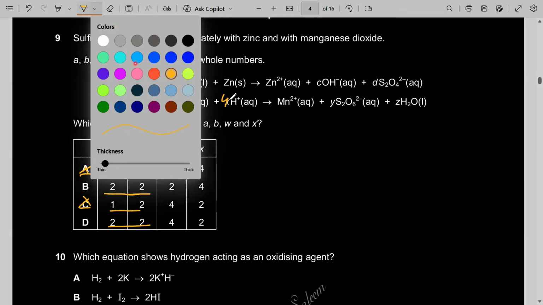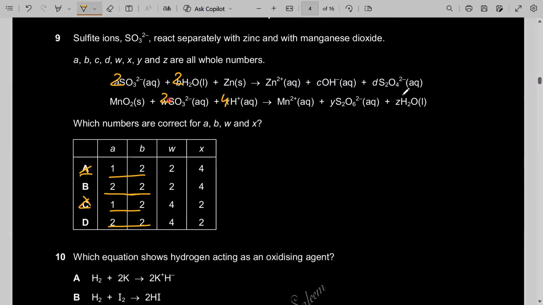So the four hydrogen ions can only be balanced with this water by multiplying it, giving four hydrogen atoms. So it is mixed SO3 2 minus sulfite ions, and from MnO2 we also have two oxygen atoms. So 2 plus 6 is equal to a total of 8 oxygen atoms on the reactant side.